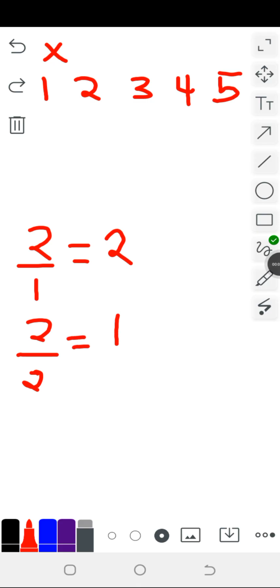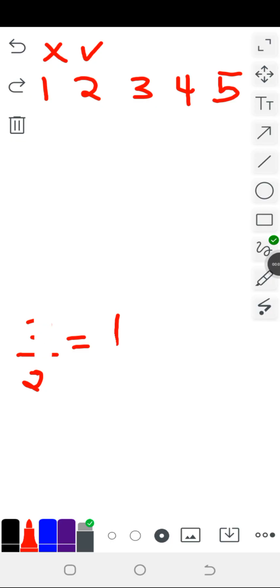For the fact that this condition of 1 and itself as regards the definition of a prime number is satisfied, and there is no other number that 2 can divide to give us a whole number, we say 2 is a prime number.